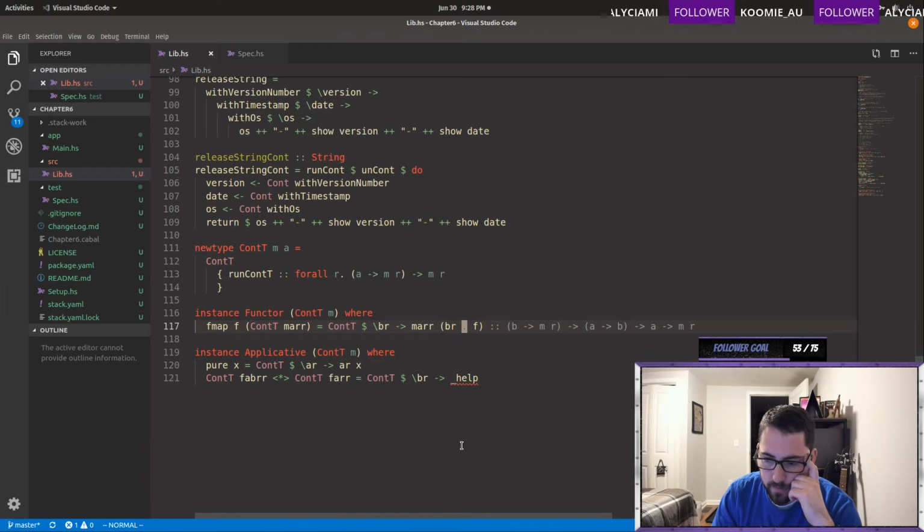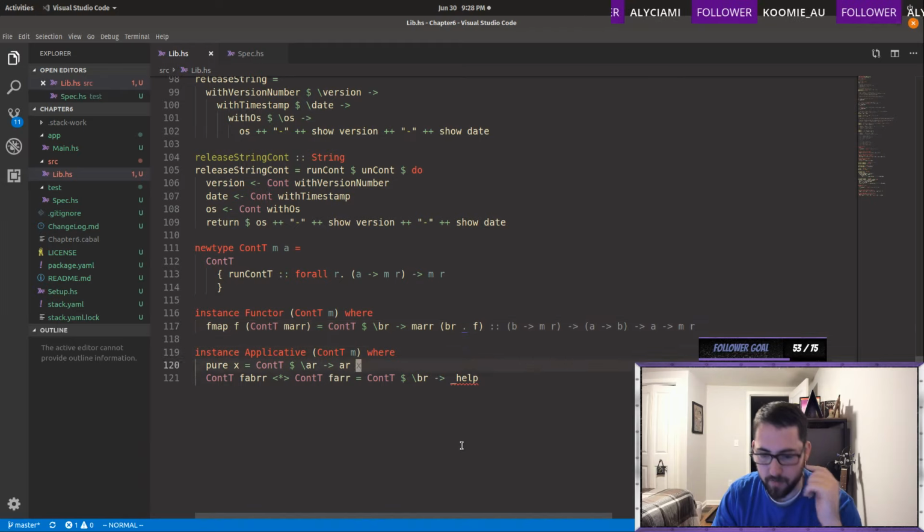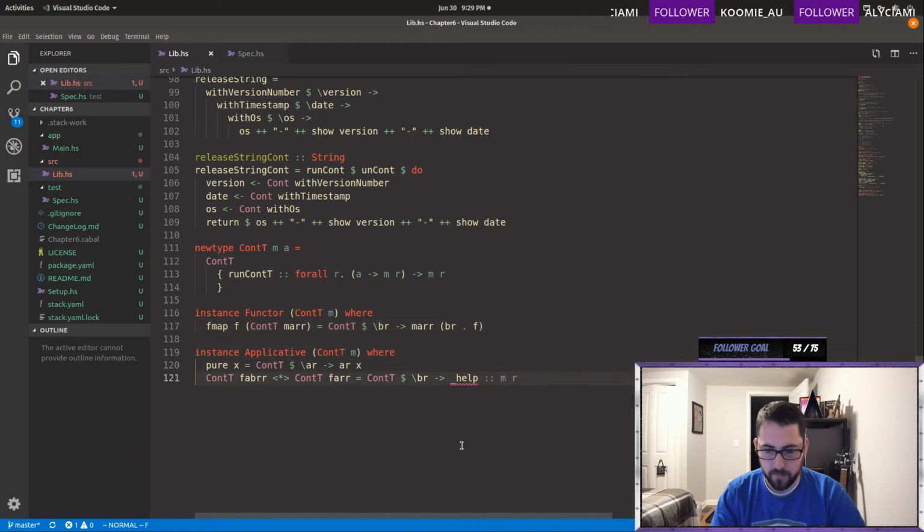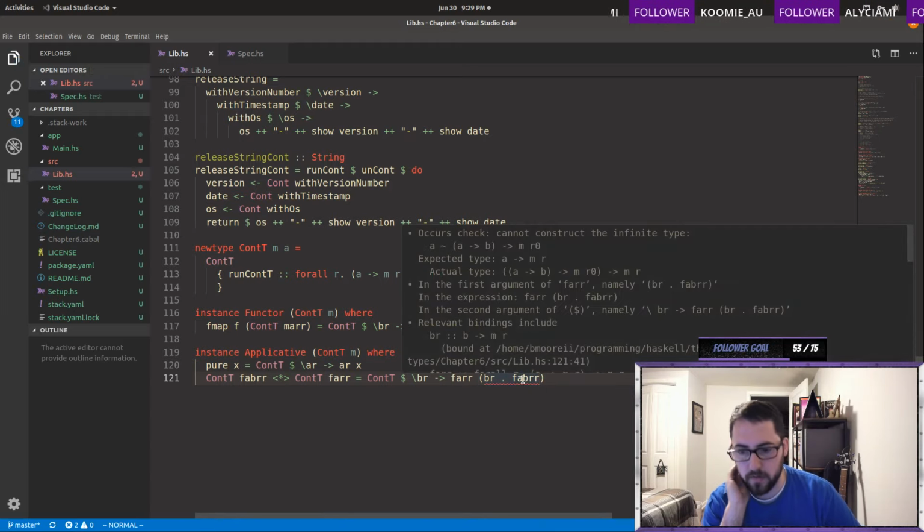So essentially I need to compose two functions that give me, you have to compose BR with something. And it's got to be the F A B MR. I feel like it's got to be, but this doesn't work. Why doesn't this work?